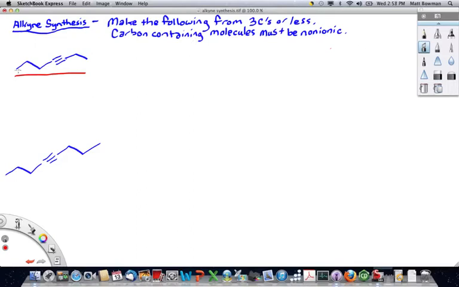So what we have here is 1, 2, 3, 4, 5, 6, 7. We have a 7-carbon long chain, and we need to make it.